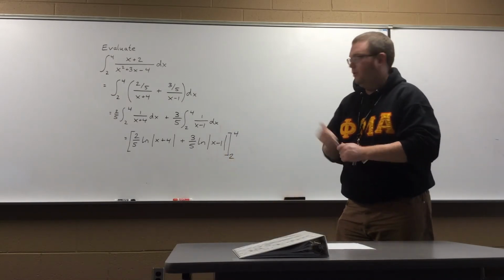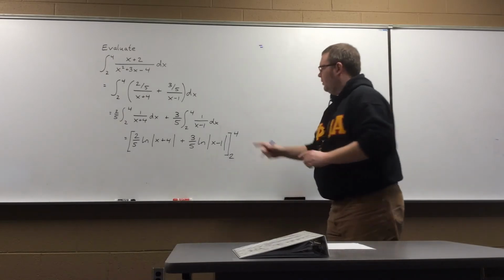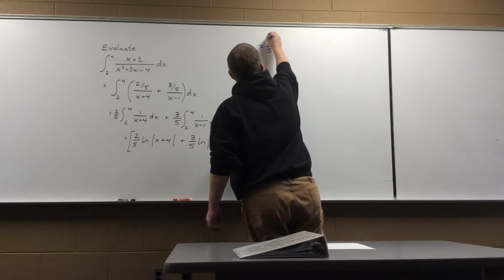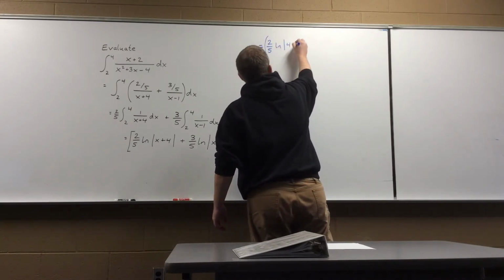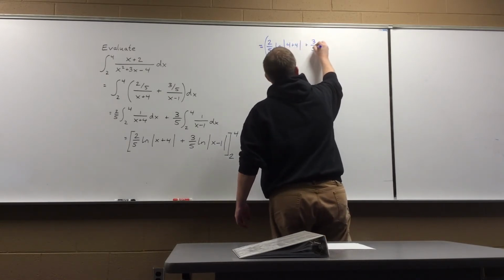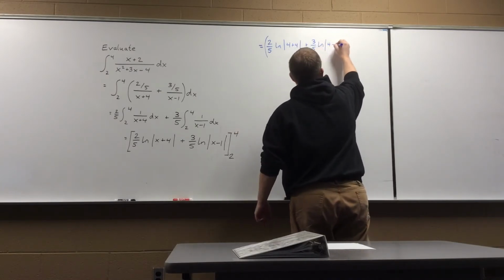So I'm going to do that in blue on the top side of the board here. Plugging in our upper limit of 4, we are going to get 2/5 times the natural log of the absolute value of 4 plus 4, plus 3/5 times the natural log of the absolute value of 4 minus 1.